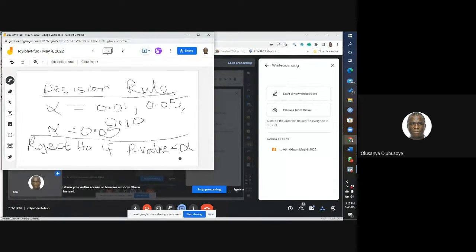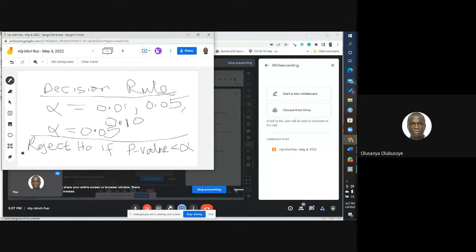If your p-value, that is the p-value reported in your test output, is less than the alpha, you reject.